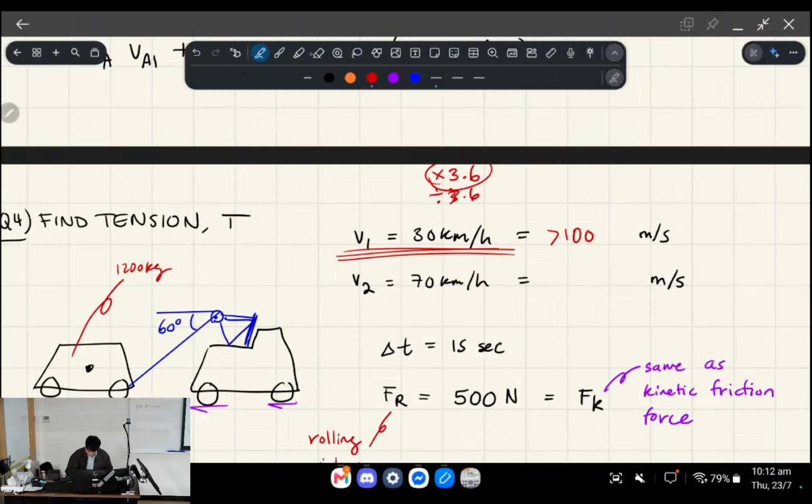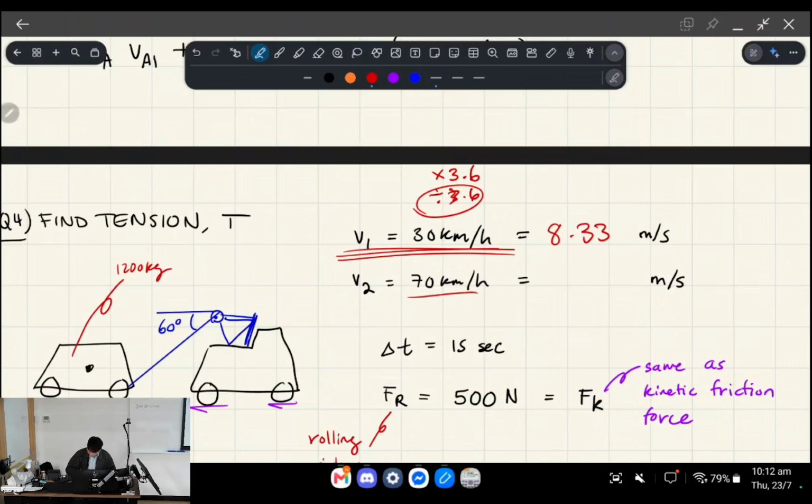So that means that if you wanted to convert between kilometers per hour to meters per second, it's actually the other way around. You're going to divide by 3.6. That's one handy rule of thumb that I like to think about. So we divide 30 by 3.6 and we get 8.33 meters per second, which sounds more reasonable, right?